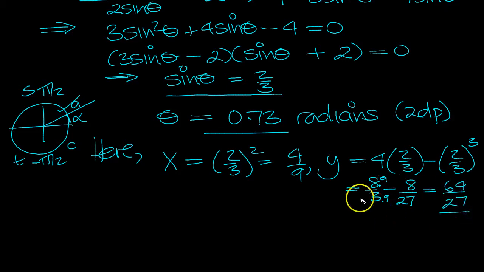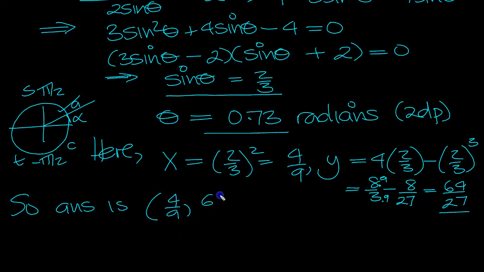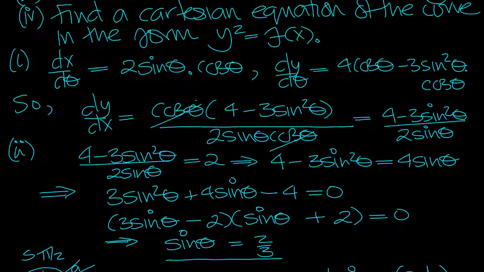That's the fraction. Tap it in the calculator. So the answer is the coordinate 4/9 and 64 over 27. And that's the coordinate where the gradient is 2.